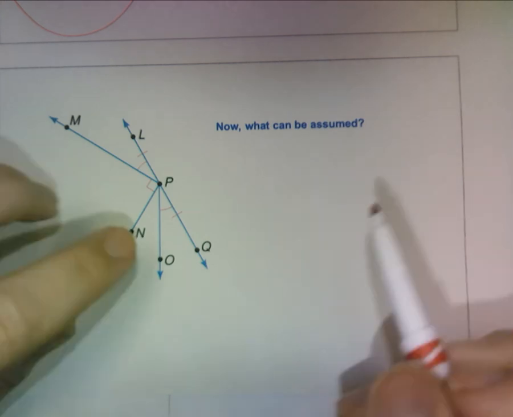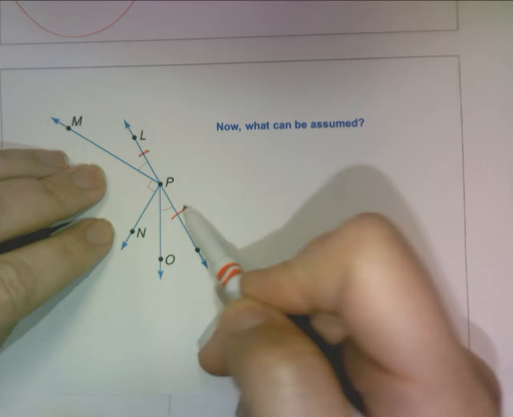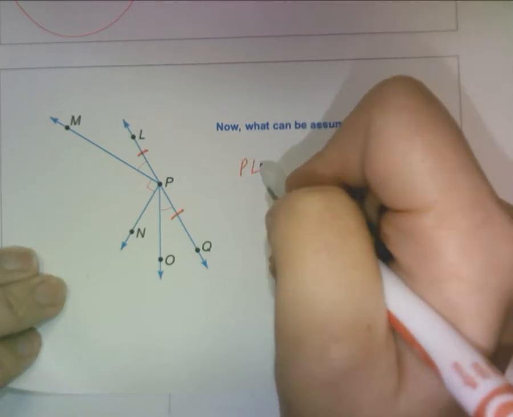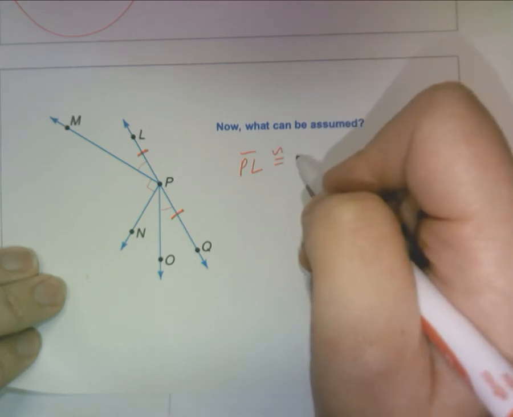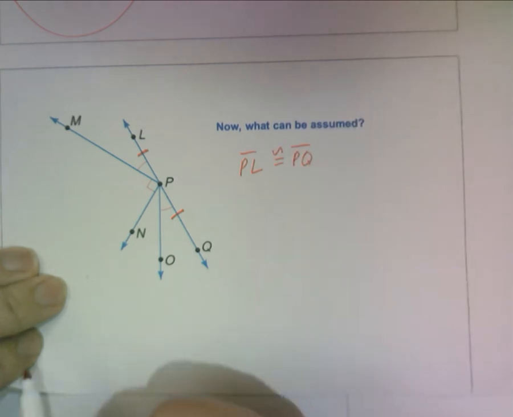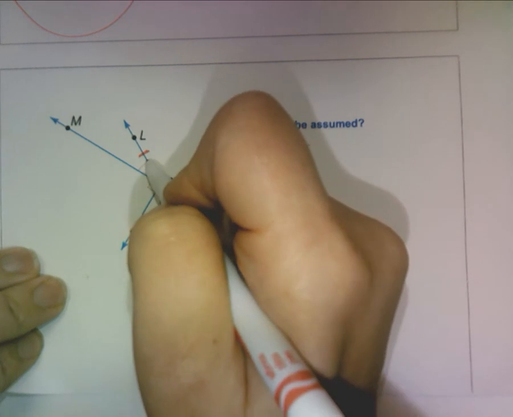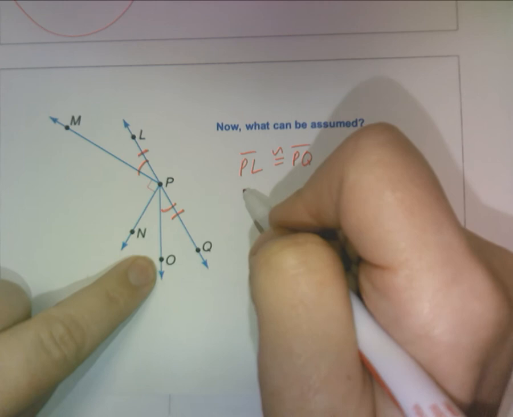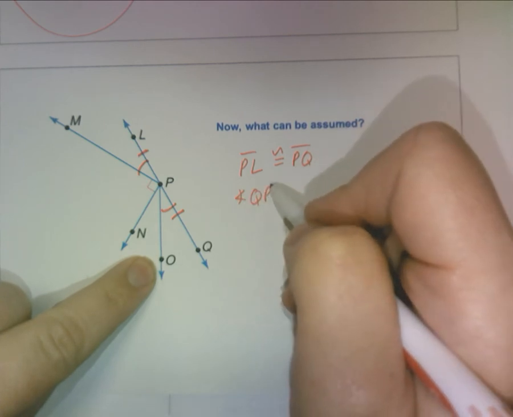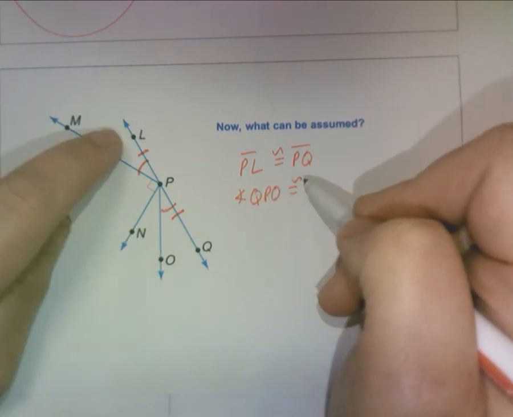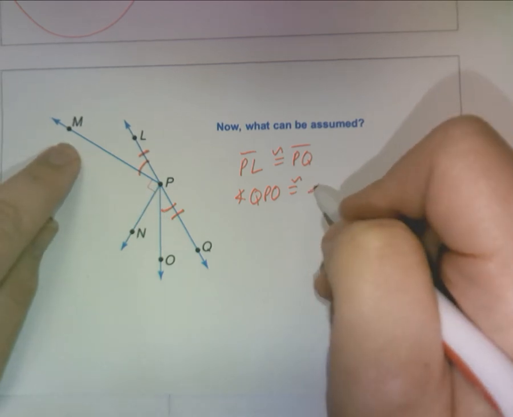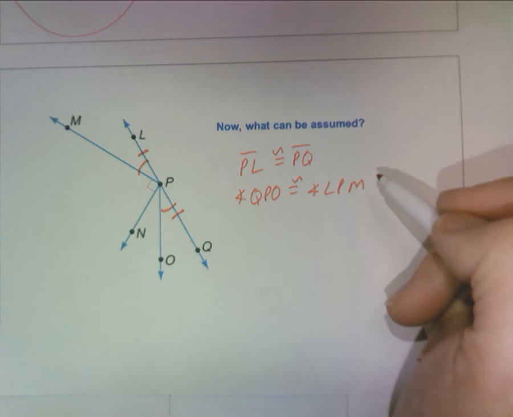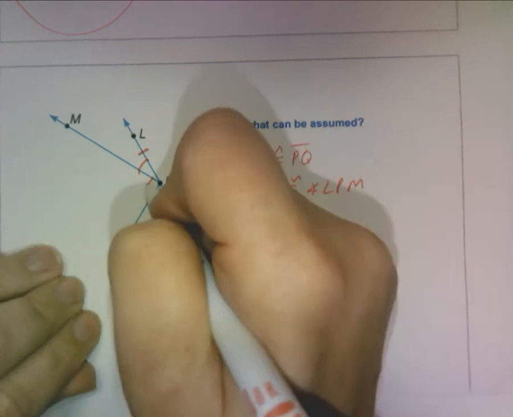Here's what you can assume. These two congruent marks mean that you can say that PL is congruent to PQ. That is safe to assume. These two congruent marks mean that this angle, QPO, is also congruent to LPM, because they have congruent marks. You see that mark right there?